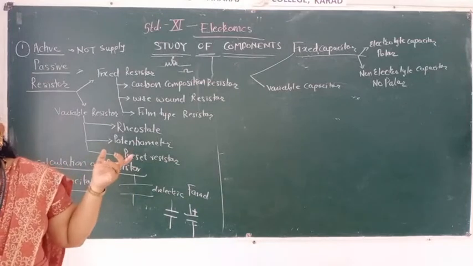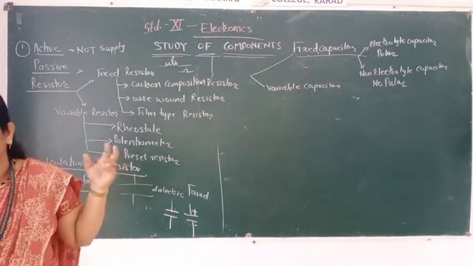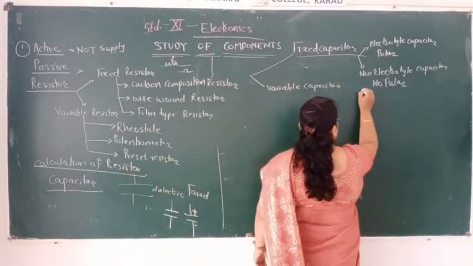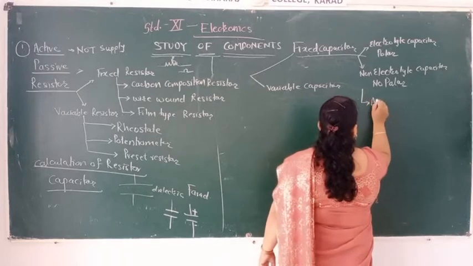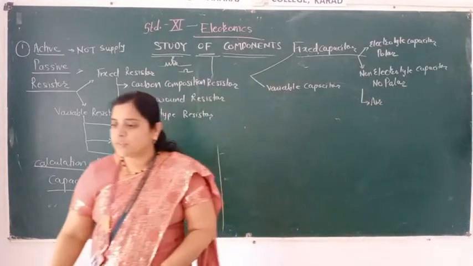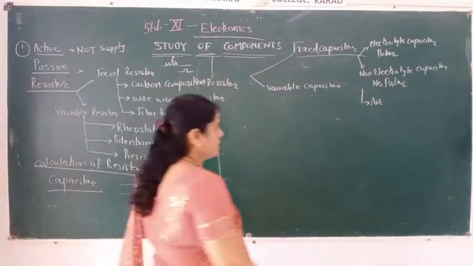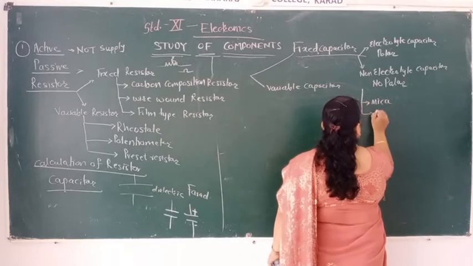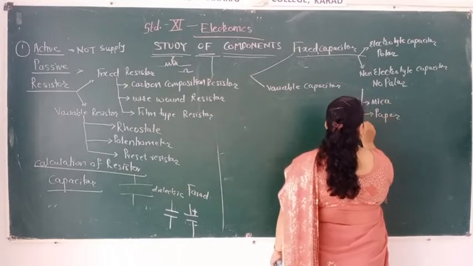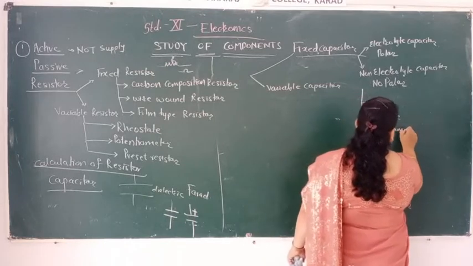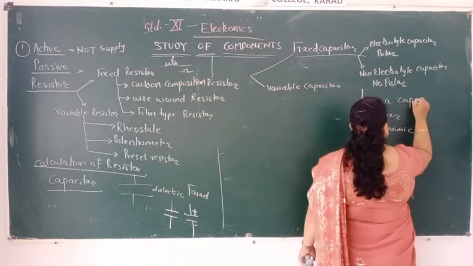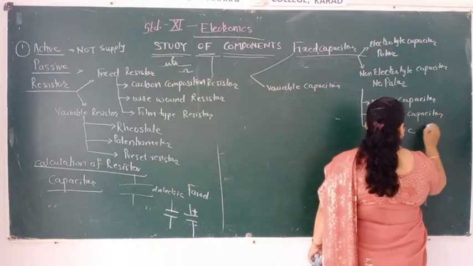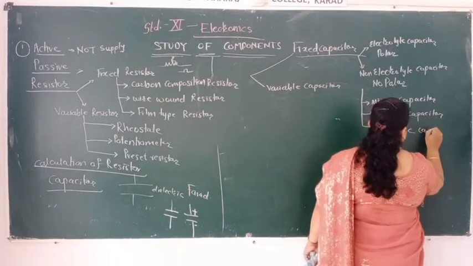This polar capacitor and non-polar capacitor have their own types. Non-polar capacitor has three types: mica capacitor, paper capacitor and ceramic capacitor.